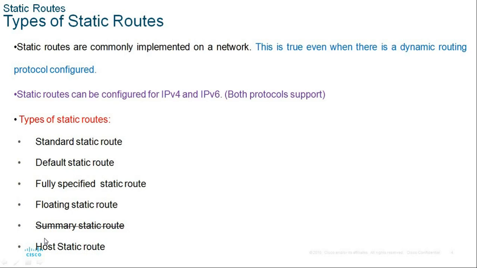But now we are in Cisco curriculum version number 7. In version 5 and version 6 we have the summary static route, but in version 7 they removed this one. Instead of the summary static route, they replaced it with the host static route. This is the new one in CCNA version number 7 in module 2.